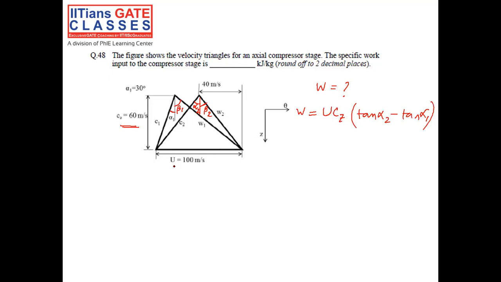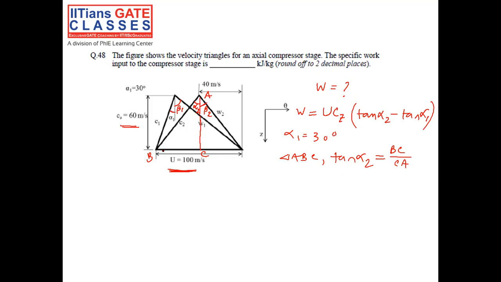Now U is the peripheral velocity. Alpha 1 is given as 30 degrees, and we have to find alpha 2. In this triangle ABC, tan alpha 2 can be written as BC divided by CA.